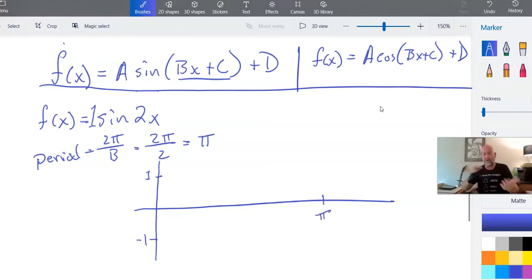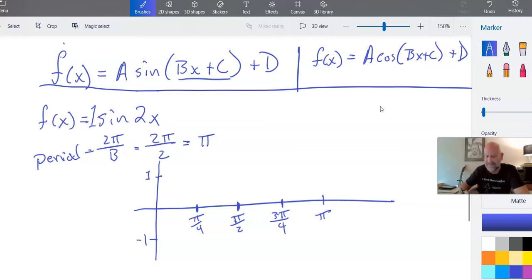Now, you need to do all the same things. You need to divide it down into quarters, just like we did with the basic sine function. So that means I need the halfway point, which would be pi over 2. Half of that, which is pi over 4. And then over here would be 3 pi over 4.